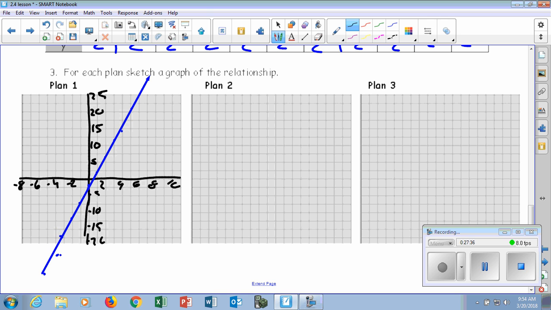Plan 2, I'm given a little bit smaller of numbers, so I can go by ones. I have negative 1, negative 2, negative 3, negative 4, negative 5. Okay, then I have 1, 2, 3, 4, 5.